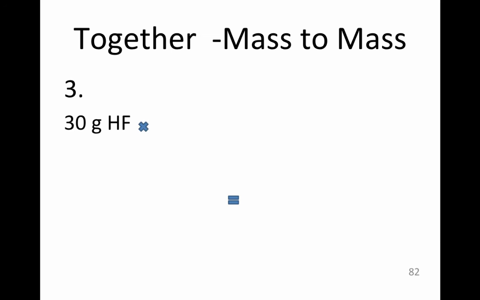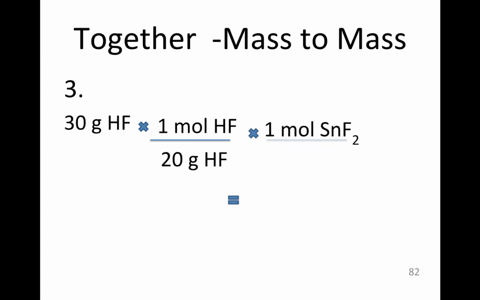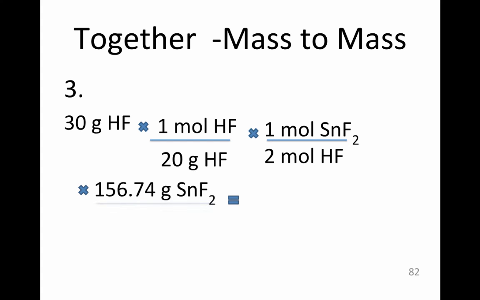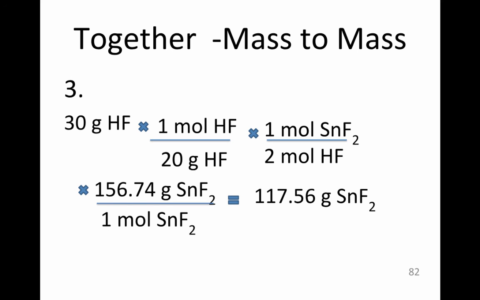You start with 30 grams of HF, 1 mole to 20 grams, right? That's the molar mass. 1 mole to 2 mole, chemical equation, coefficients. Molar mass of tin fluoride to be 117.56 grams of tin fluoride.